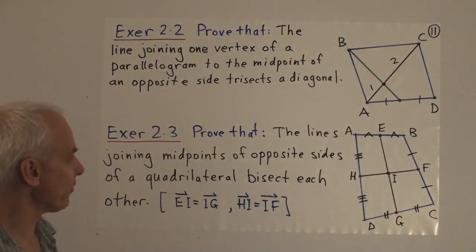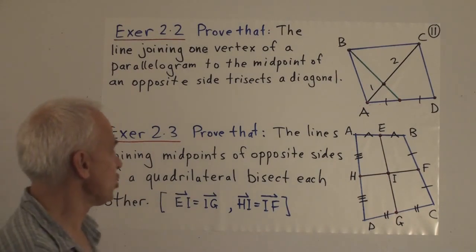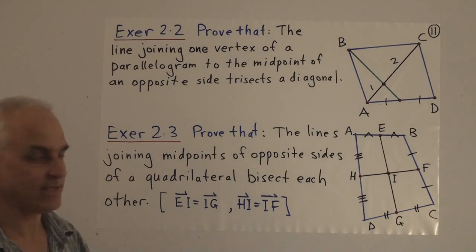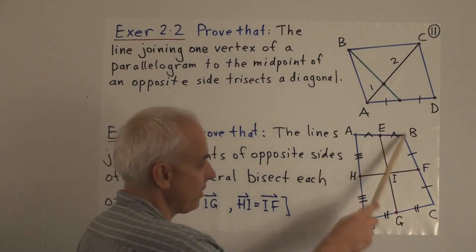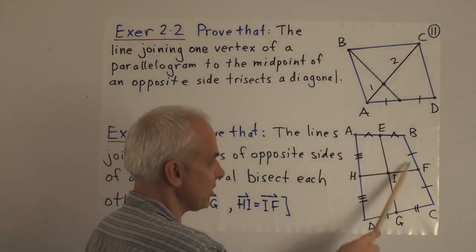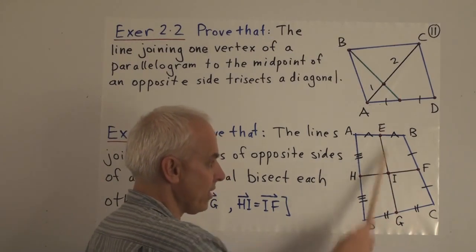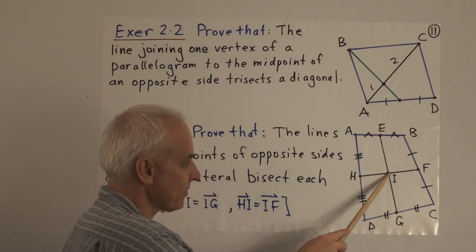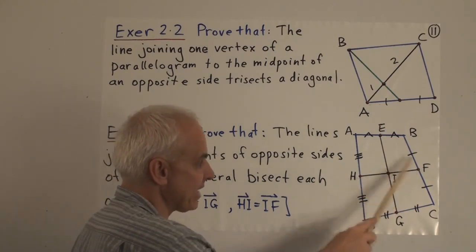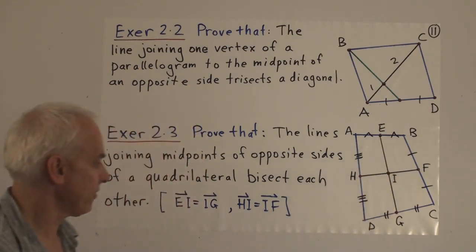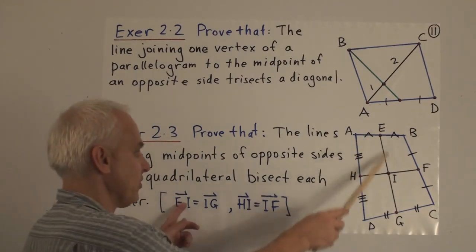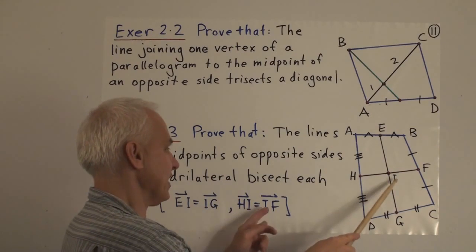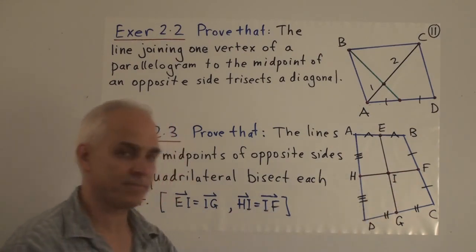And exercise 2.3, prove that the lines joining midpoints of opposite sides of a quadrilateral bisect each other. Got a quadrilateral. Again, we're looking at midpoints of the sides. You join opposite midpoints. That this point I bisects each of these 2 segments, which we can say is the vector EI is equal to the vector IG, and the vector HI is the same as the vector IF.